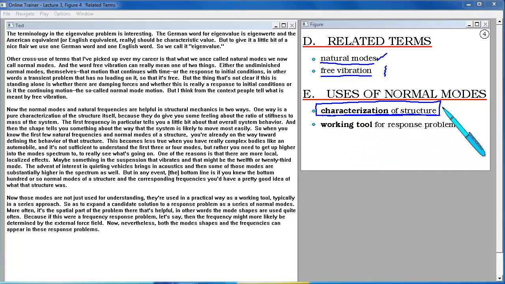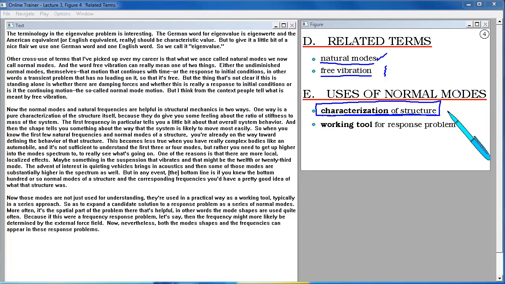This becomes less true when you have really complex bodies like an automobile, and it's not sufficient to understand the first 3 or 4 modes, but rather you need to get up higher into the mode spectrum to really see what's going on. One of the reasons is that there are more localized effects, maybe something in the suspension that vibrates, and that might be the 12th or 23rd mode.